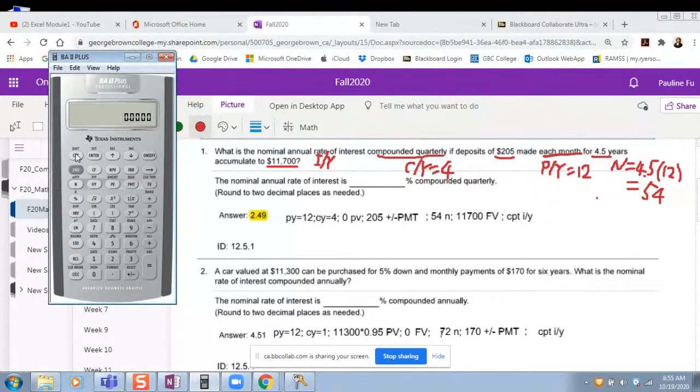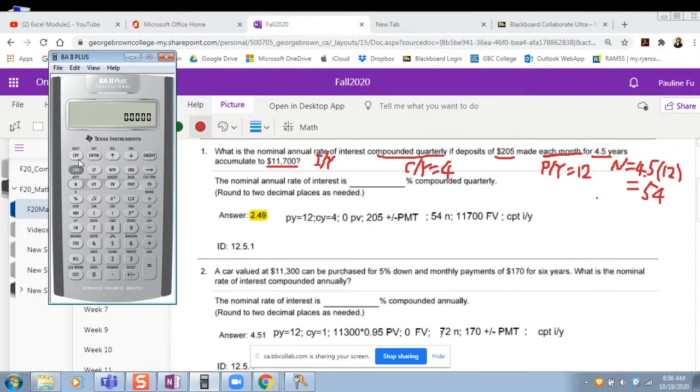Second equate. Second PY. PY equal to 12. Enter. Second allocate, CY equal to 4. Enter. Second equate.